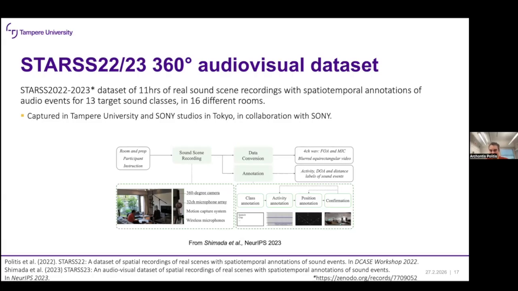So we did the work of trying to collect a data set of real sound scenes, where we combined a 360-degree camera, a 32-channel spherical microphone array, from which we extracted different formats like ambisonics and tetrahedral microphone array for the data sets that we worked with. And we also had a motion capture system to track the main sources of interest and wireless microphones for close recordings to the sources.